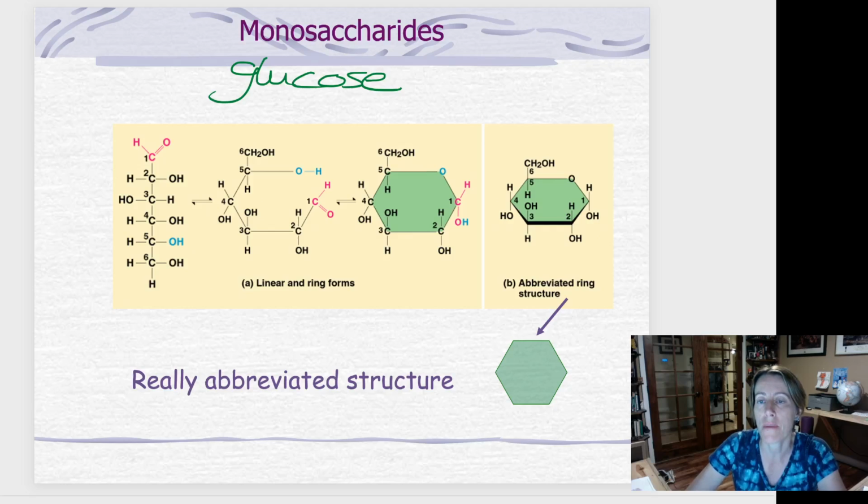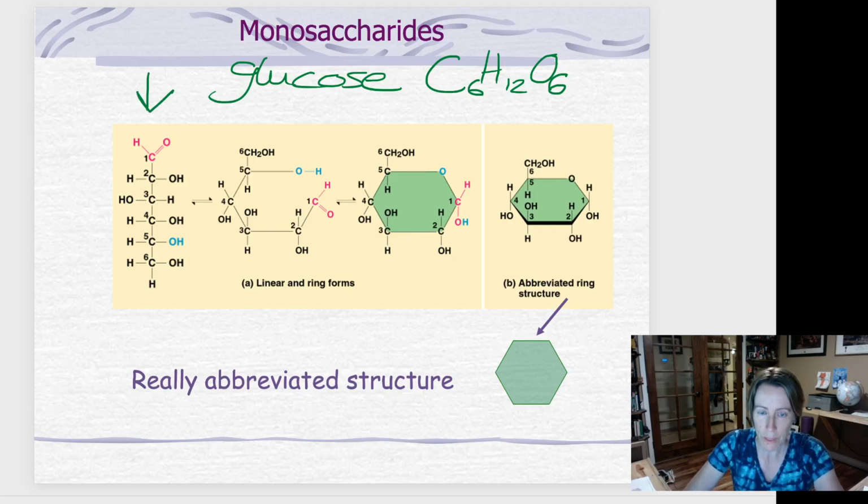Glucose's molecular formula is C6H12O6, and then its structural formula is right here. Glucose is a very interesting molecule. It does a couple of funky things. Here you can see it drawn with the 6 carbons, 1, 2, 3, 4, 5, 6, in a straight line.